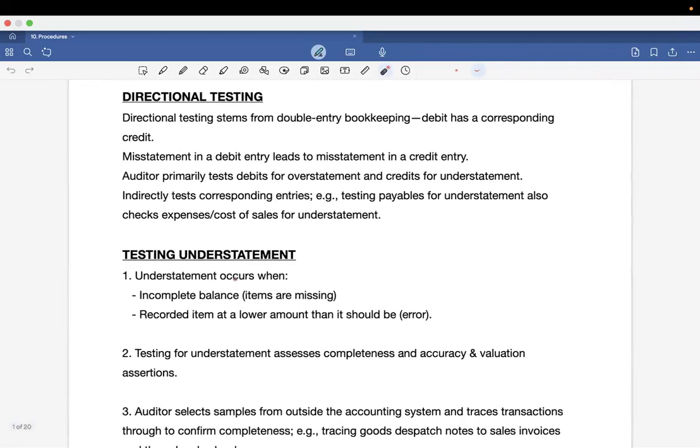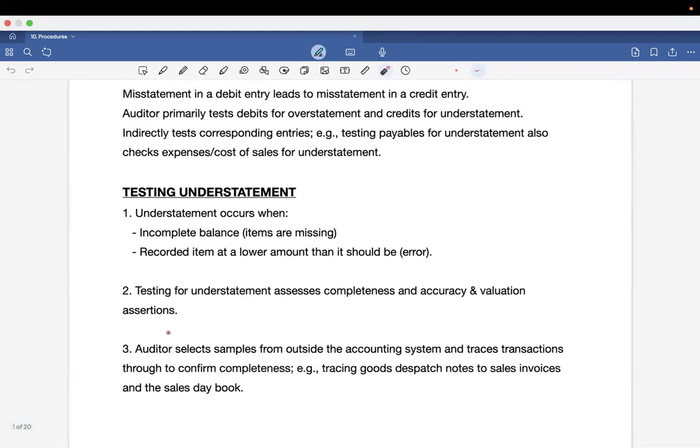So when we test an understatement, we have to decide how the understatement has actually occurred, right? It could be due to incomplete balances. That means when the client was recording the transaction, they have recorded less, or there was an error. Some items from the invoices could be missing, so the client recorded it less. It could be like that.